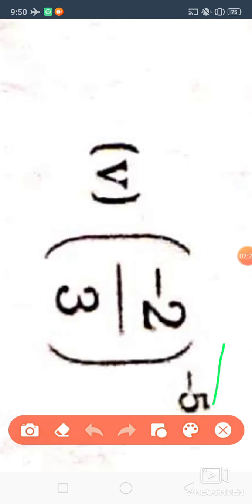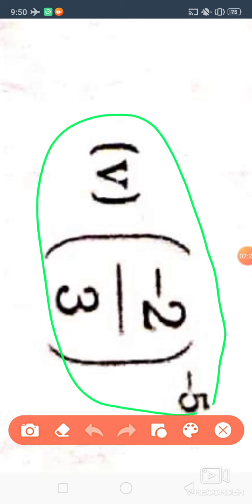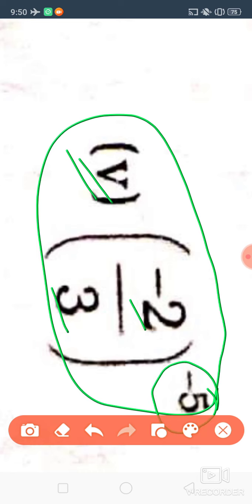Now let's come to this question. Question number 1, 5th part. Minus 2 by 3 and its exponent is minus 5. So how will solve this question? So this is your question. Minus 2 by 3 to the power minus 5.